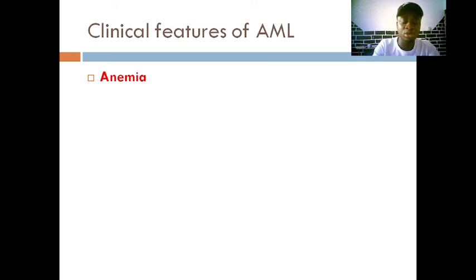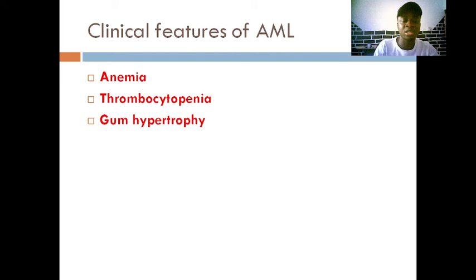A patient with acute myeloid leukemia will present with anemia, pallor, hypoxia, those symptoms of anemia, okay? There is thrombocytopenia, the platelet levels are low. There is gum hypertrophy. There is neutropenia, low levels of neutrophils.